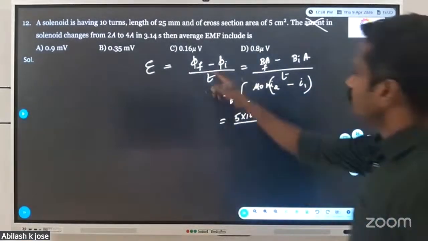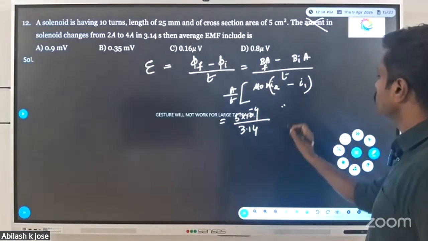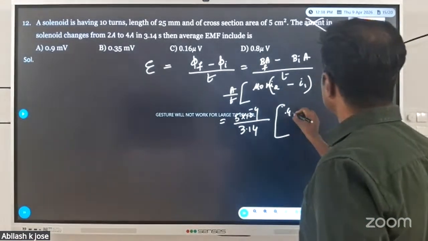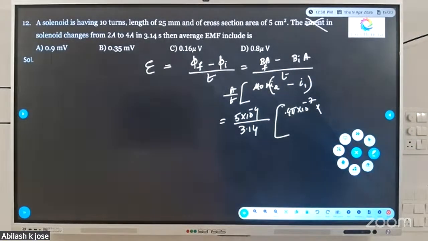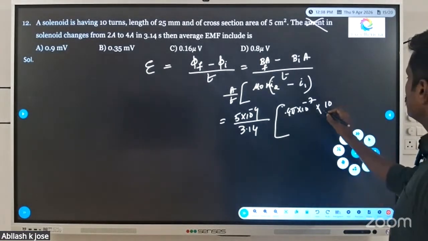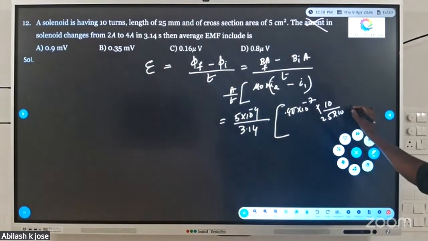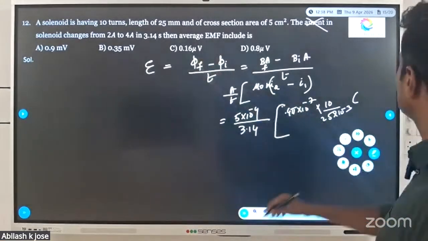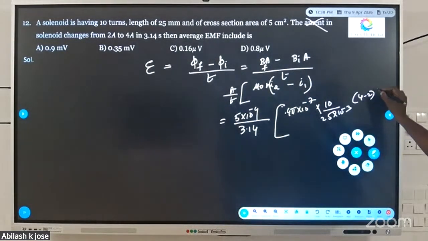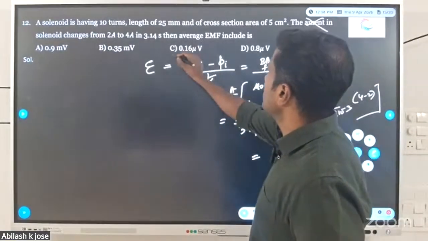Time is changing in 3.14 seconds. Multiply by mu naught, substitute the value of mu naught, 4 pi into 10 to the power minus 7. n is the number of turns per unit length. Here given 10 turns divided by length 10 to the power minus 3 meters, into I2 minus I1, and the current changes from 2 to 4, so 4 minus 2. After simplification it comes out as option B.